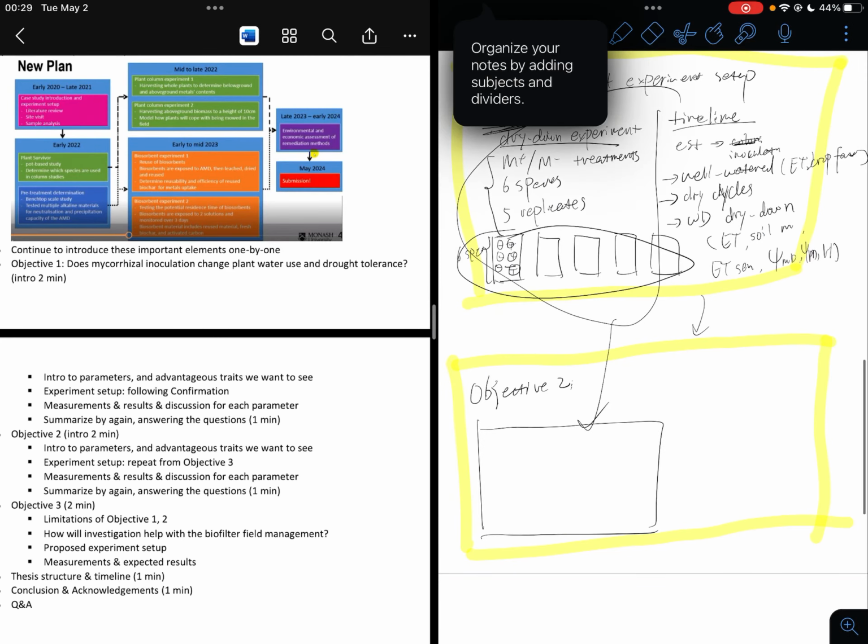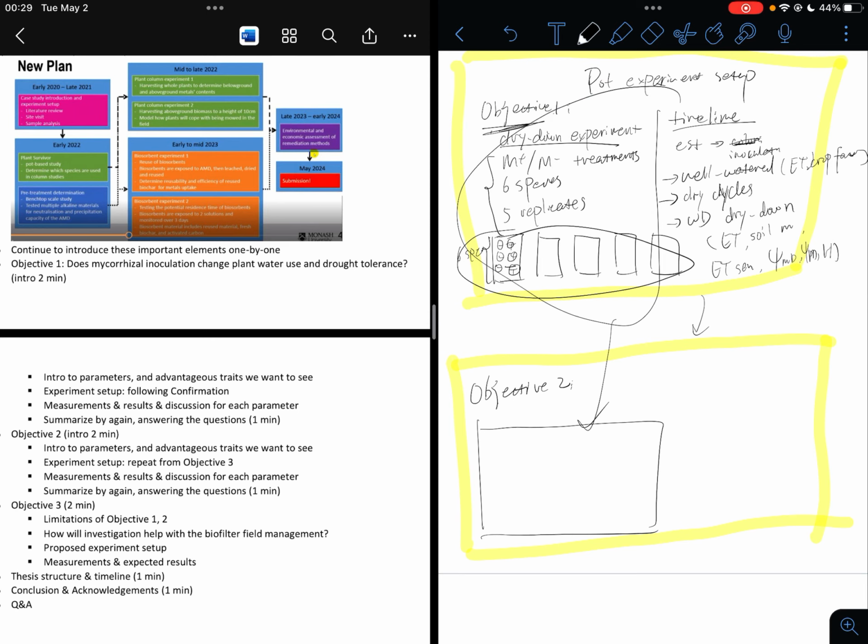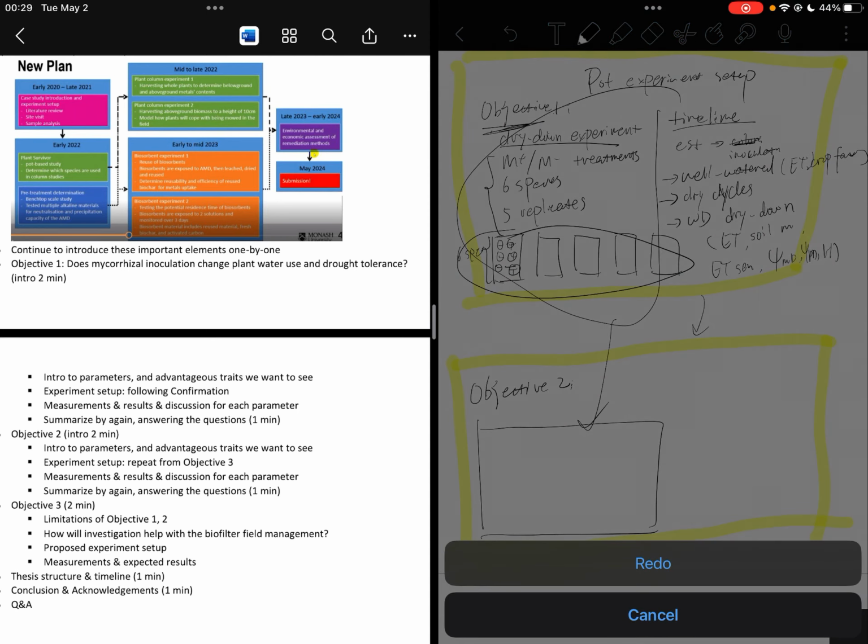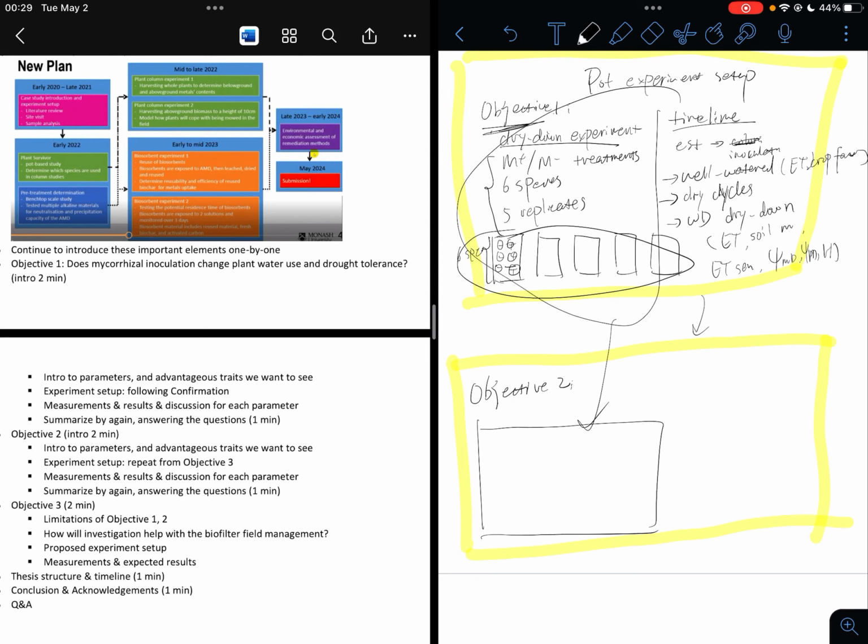Oh, damn it. Redo. I can't remove it now, so that's a bit messy. So we copy and paste that here, so that stays the same.